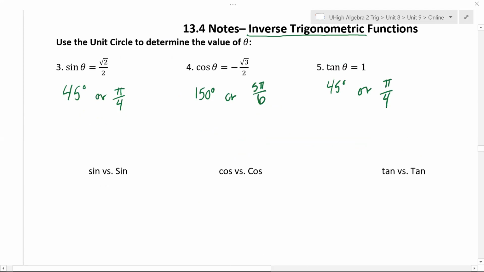And just as a quick reminder, these do occur more than once in our unit circle. They happen every 360 degrees, sometimes more frequently than that, like every 180 degrees or every 90 degrees. But right now we're just looking at the first time that it occurs.